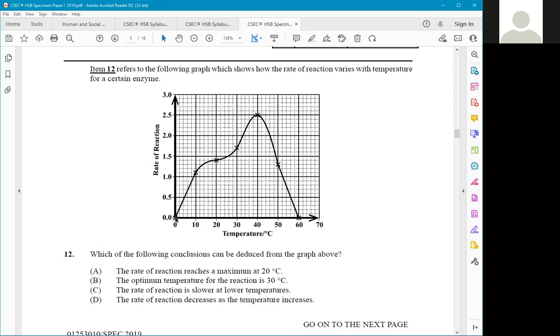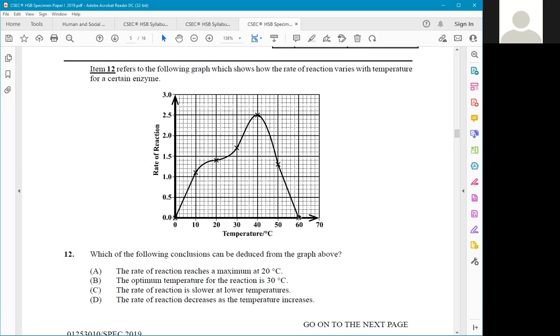The rate of reaction is 0, so nothing is happening. But as the temperature is increasing, we notice also that the rate of reaction is also increasing until it gets to around 40, where the rate of the reaction is highest. And as the temperature keeps increasing still, the rate of reaction starts to fall. That's what we can tell from this graph.